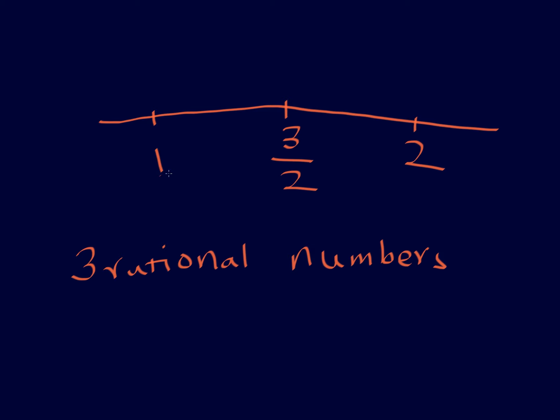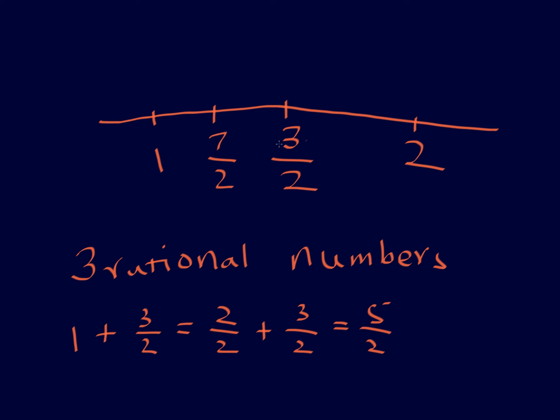And repeat the same trick again. So 1 plus 3 by 2 will be 4 plus 3 by 2, that will be 7 by 2. Again, it will be like this: 1 plus 3 over 2 equals 2 over 2 plus 3 over 2, and you add it, it will be 5 over 2.